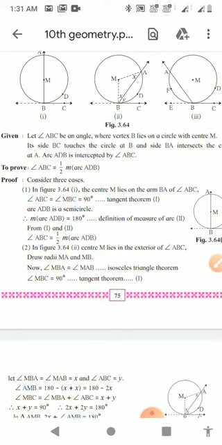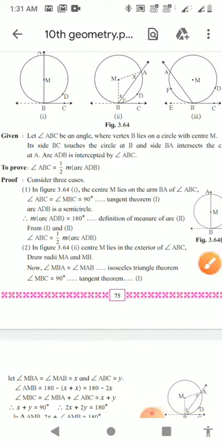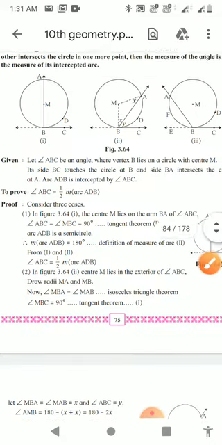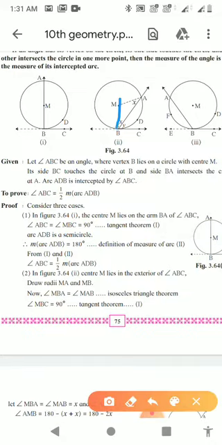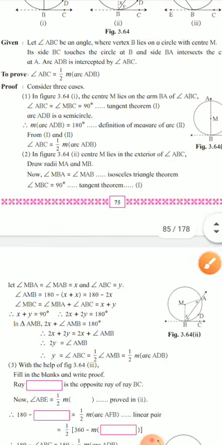Similarly, if I consider this complete angle MBC, I can write this angle MBC as MBA plus ABC, isn't it? Angle MBC equals angle MBA plus angle ABC, and angle MBA is X and angle ABC is Y, which we have mentioned here.